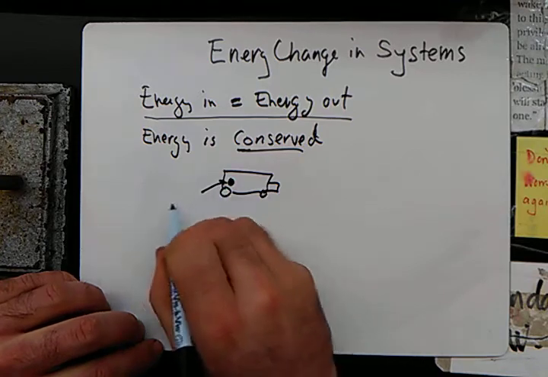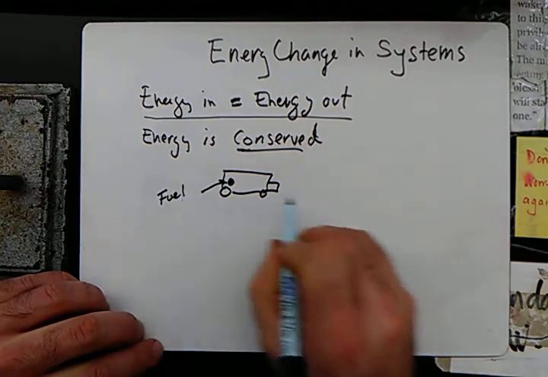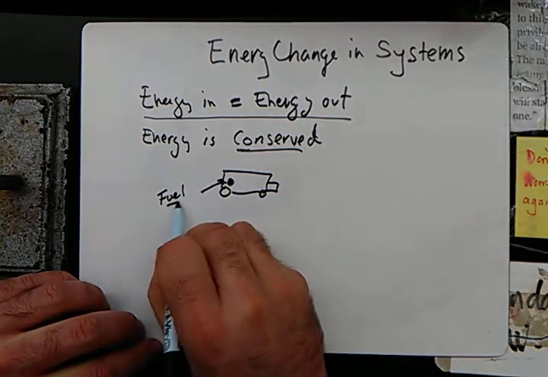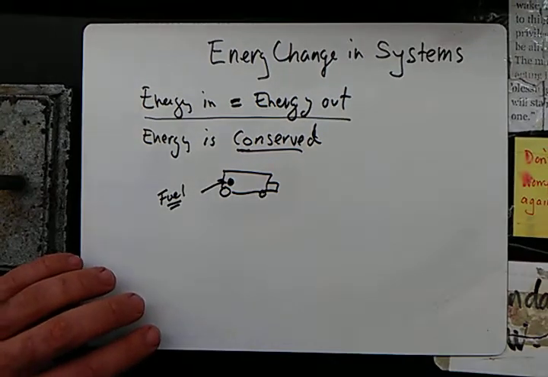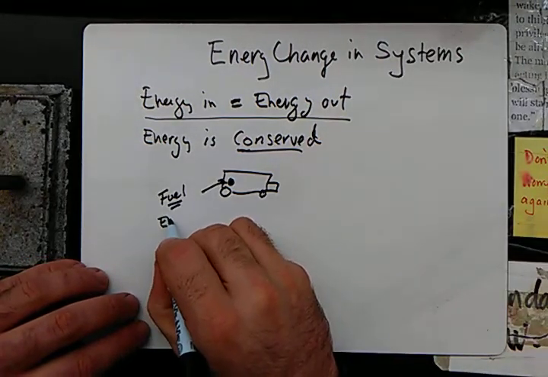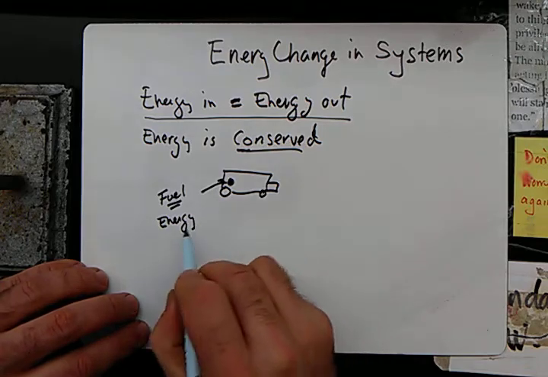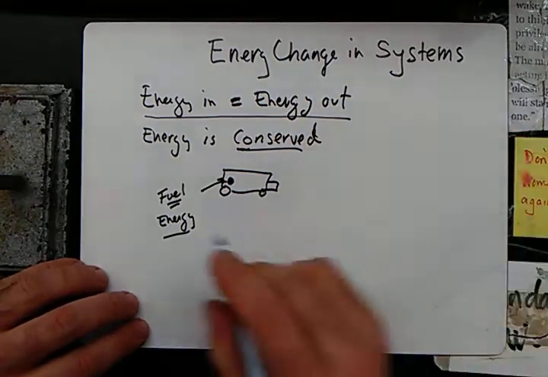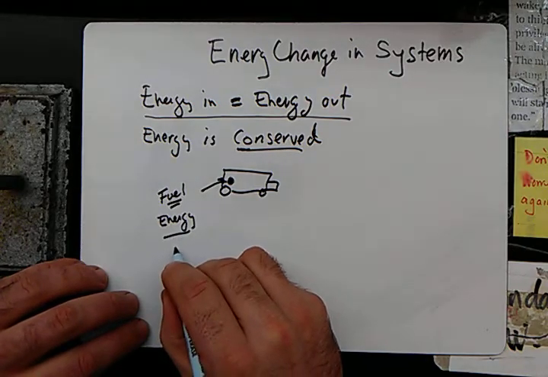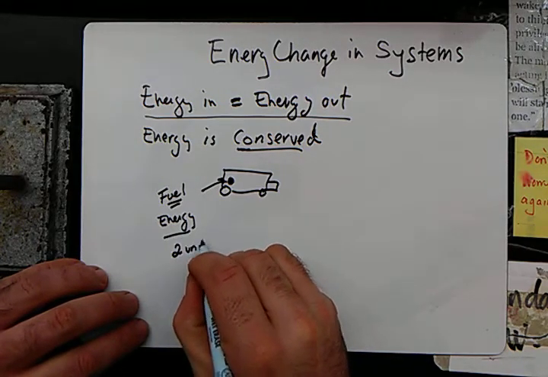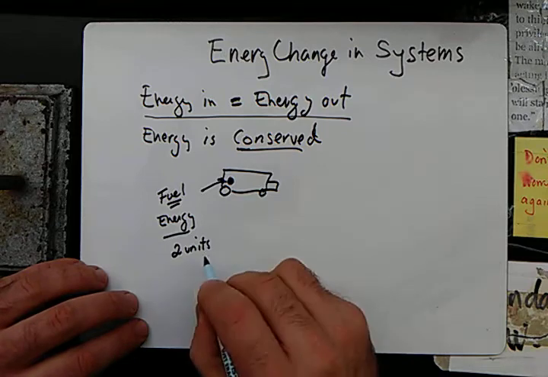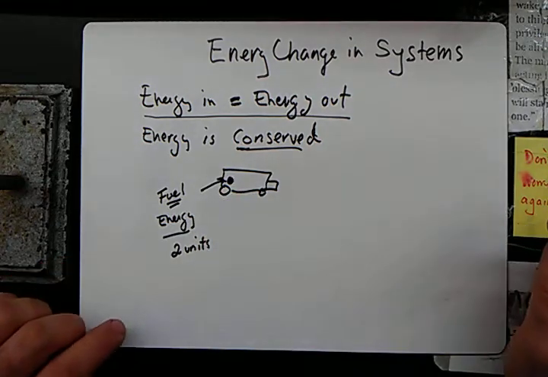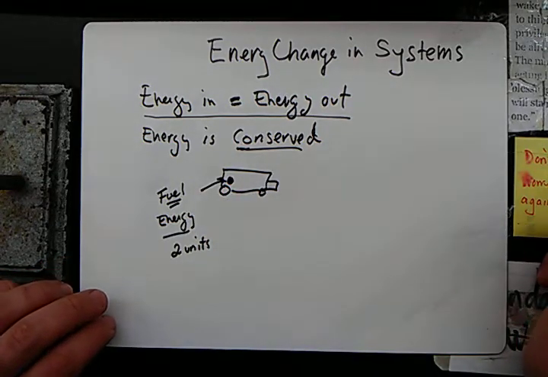And I pump fuel into the car. Now, the thing about fuel is that it contains energy. So let's just say, for ease of calculations, I put 2 units of energy into the car in terms of gasoline.